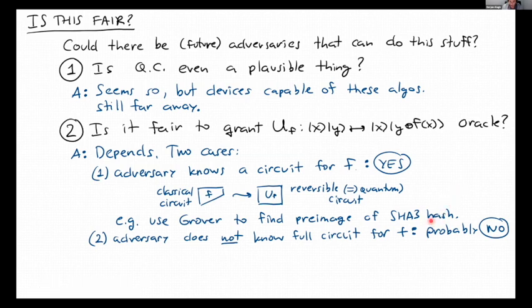Now, what about the case where the adversary does not know the full circuit for F? Then I claim one needs some justification. In fact, probably the answer here is no. They should not be granted access to UF. Why is that? Because there's no plausible mechanism for doing that. This algorithm is certainly no longer applicable because some part of the circuit for F is unknown.